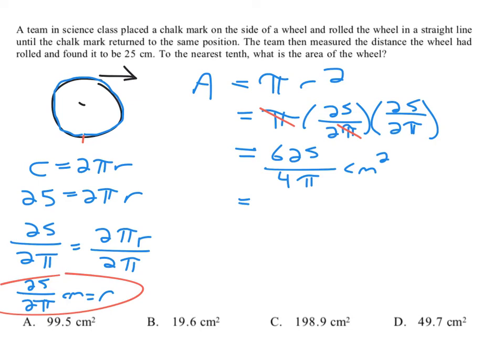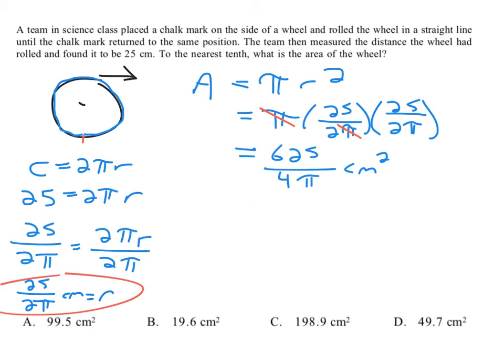And if we calculate that, we say 625 divided by 4 pi. And by the way, let me erase this little mark and I'll just show you what you need to type in.